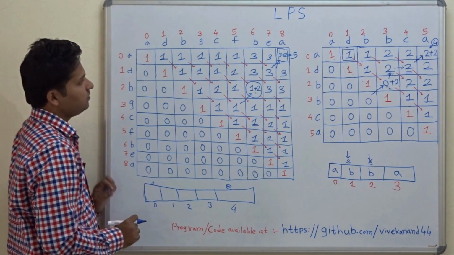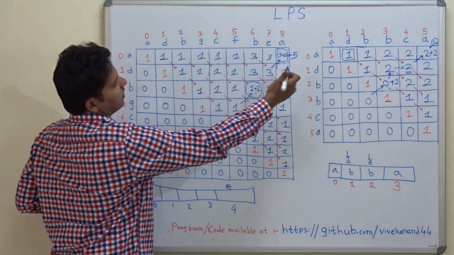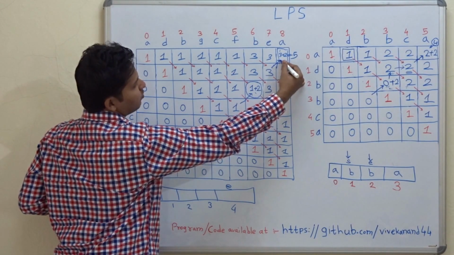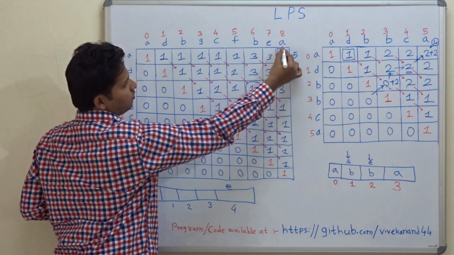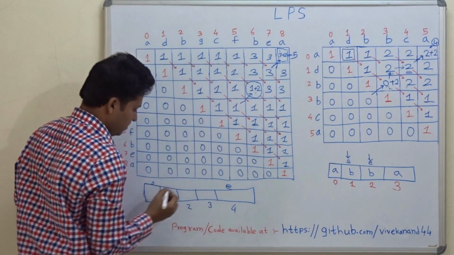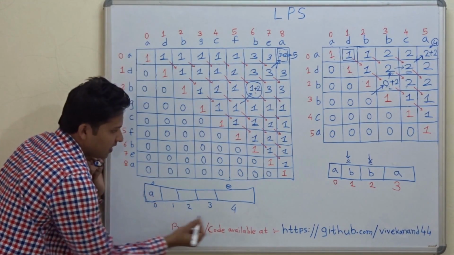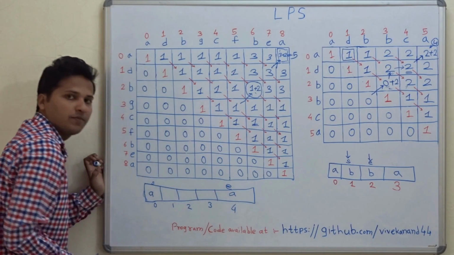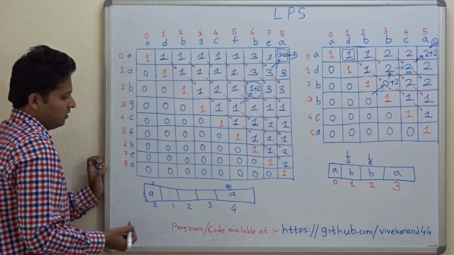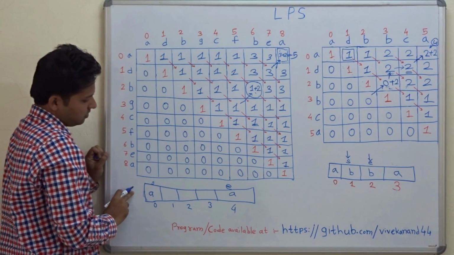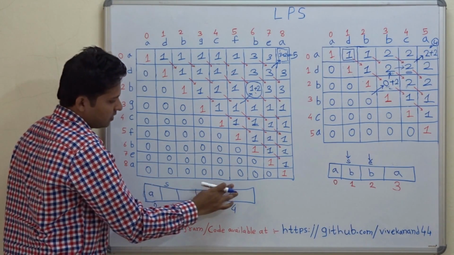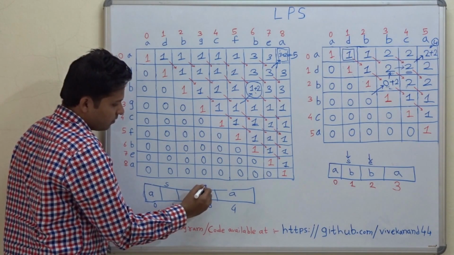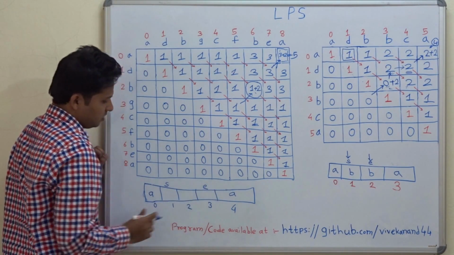Now let's see. As there is a diagonal arrow pointing in this cell, we have to take this character, that is A, and we have to put one at the start, another at the end. Now let's move ahead and end will come backwards.